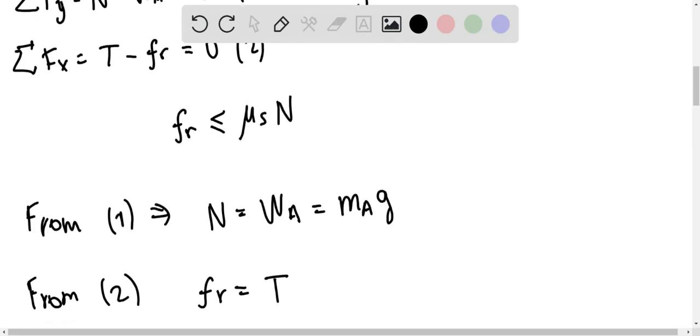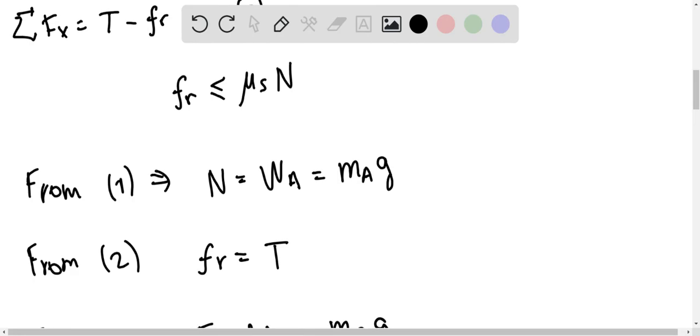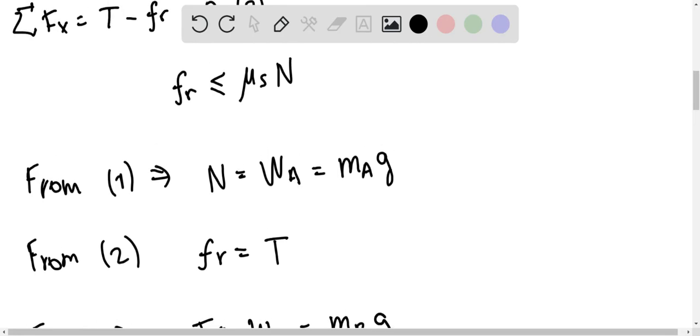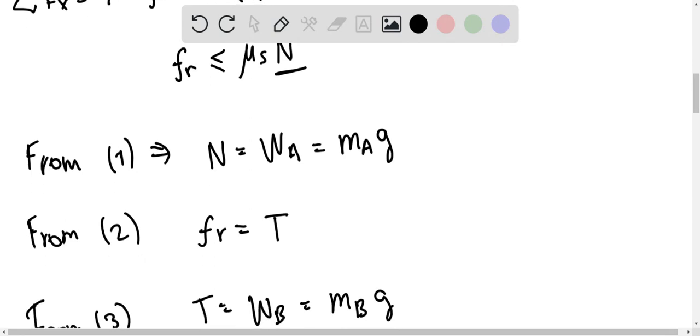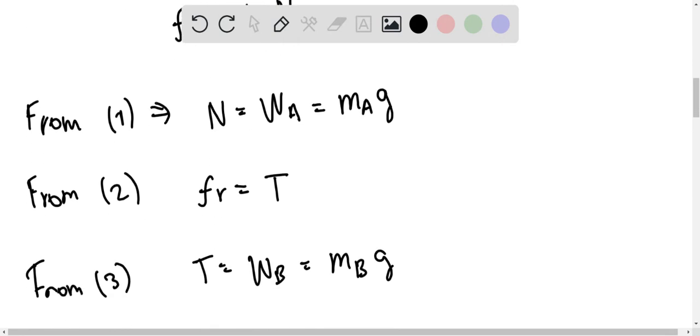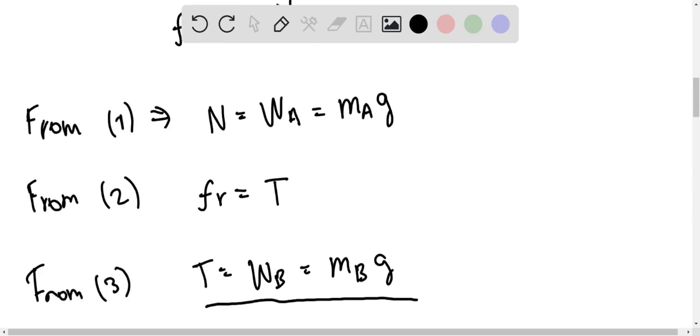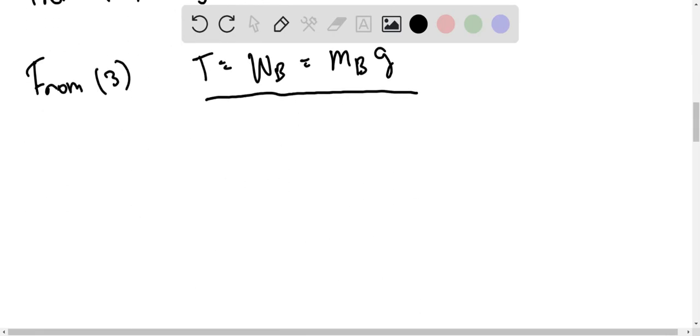So what we can use here is to simply substitute the value for the normal force in the force of friction, and then equate this to the weight of the block B, which is also the same as the tension. So that's what we're going to do.